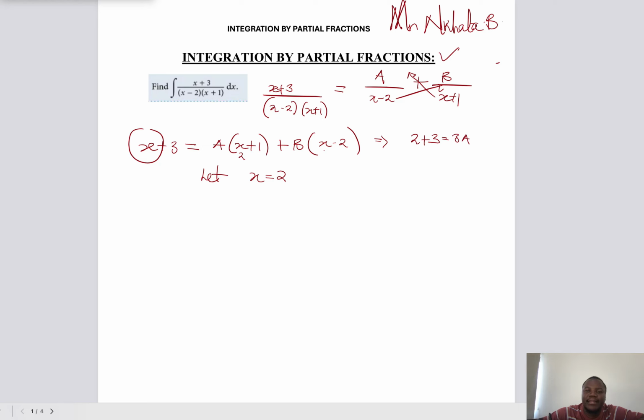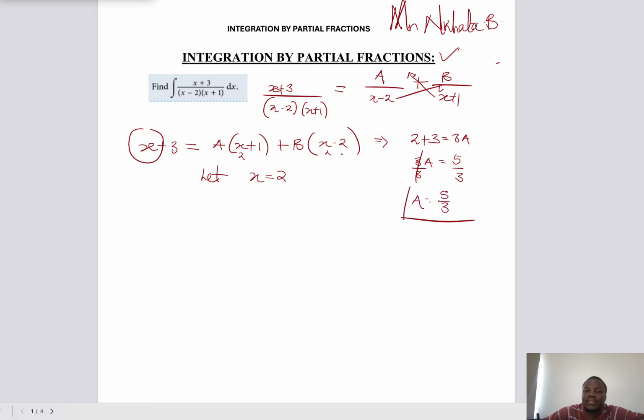And then here, there is a 2 minus 2, which is 0, 0 times B, so that would become just 0. So this means I'm going to get 3A equals 5. If I divide by 3, I get A being equal to 5 over 3.